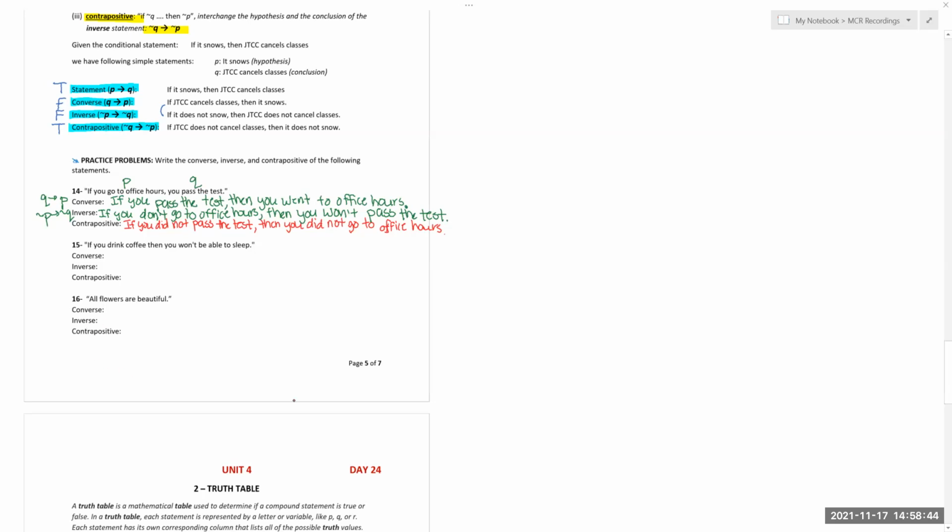Okay, then I'm going to go down to 16. It says all flowers are beautiful. So we need to write that as a conditional. If it is a flower, then it is beautiful.